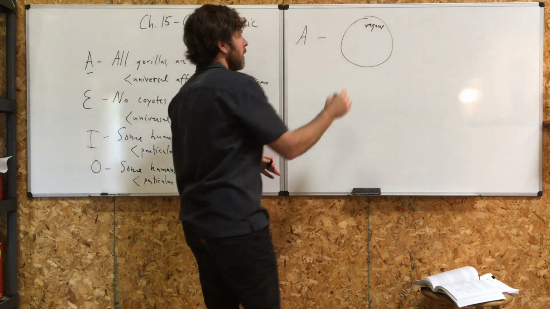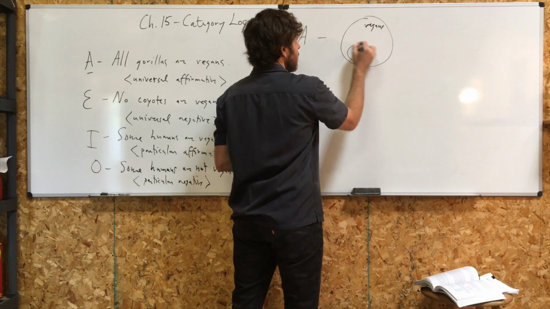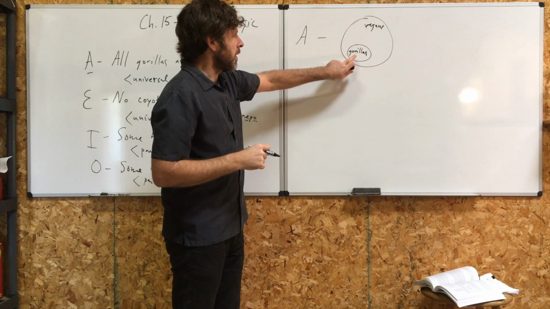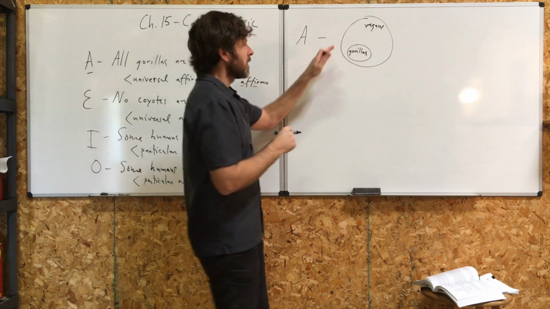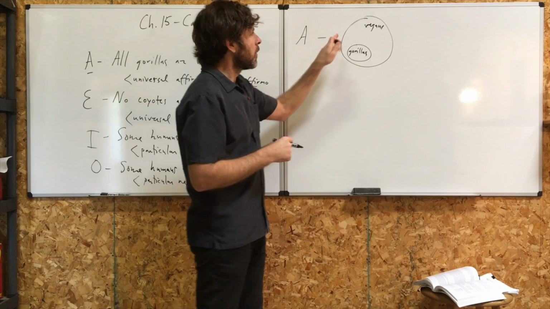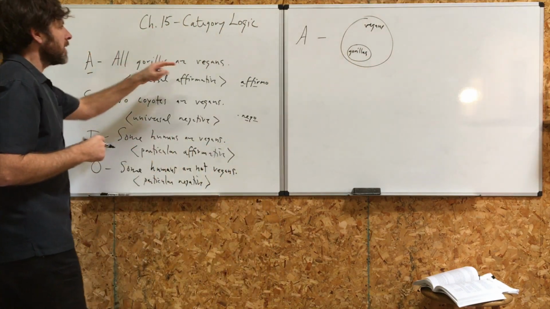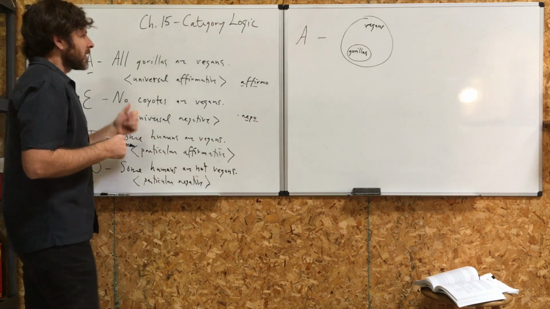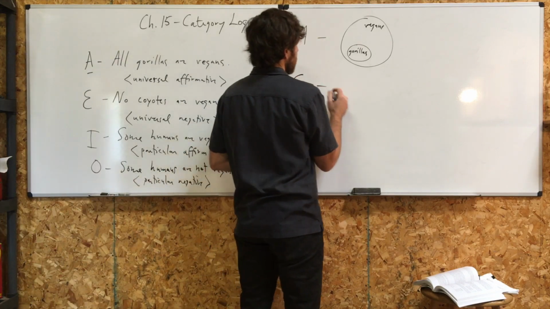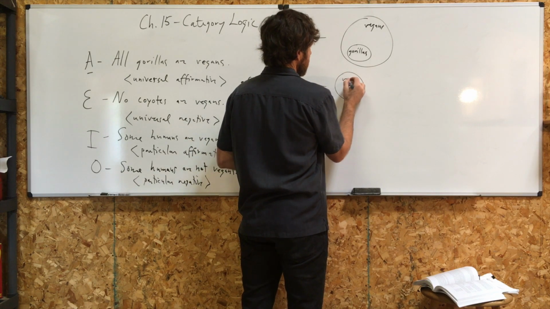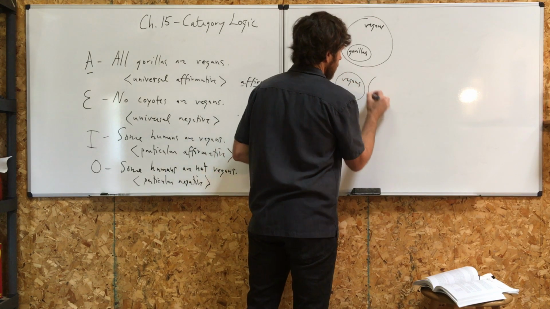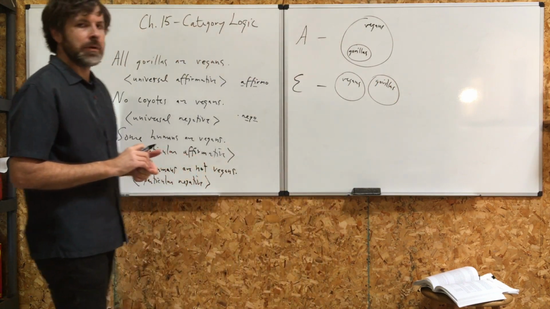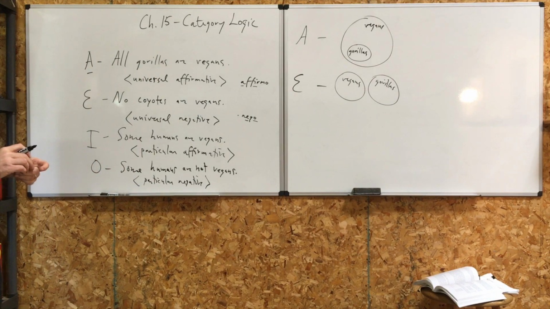When you say that all gorillas are vegans, you're saying this, in a sense, that one set or circle is wholly contained within another circle. So an A statement can be represented using this diagram. An E statement, you could say, is doing this. Take the whole set of vegans and then the set of gorillas, and there's no overlap. That's what you're doing right there.